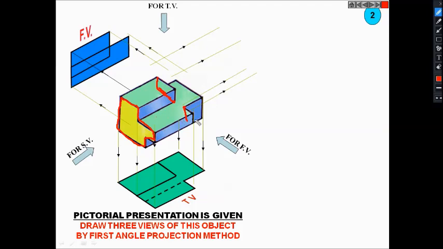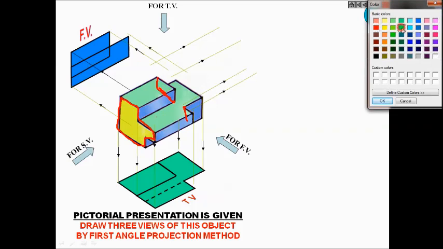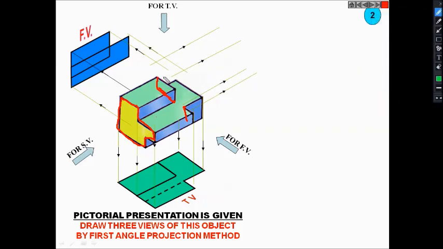so those two edges we have to show by using hidden lines. Now in this particular portion, the vertical edge, this vertical edge, is overlapping with the continuous line or object line which is located right here.